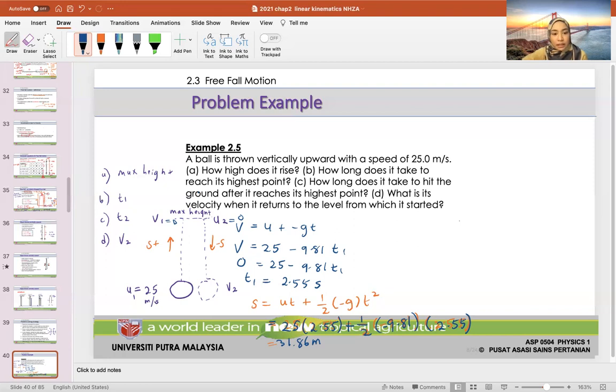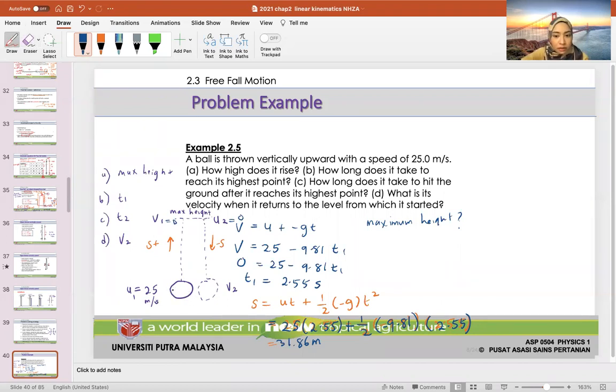What is the maximum height? Is it the same or is it a different value? Same. Okay, it's the same because we assume that we started from 0.